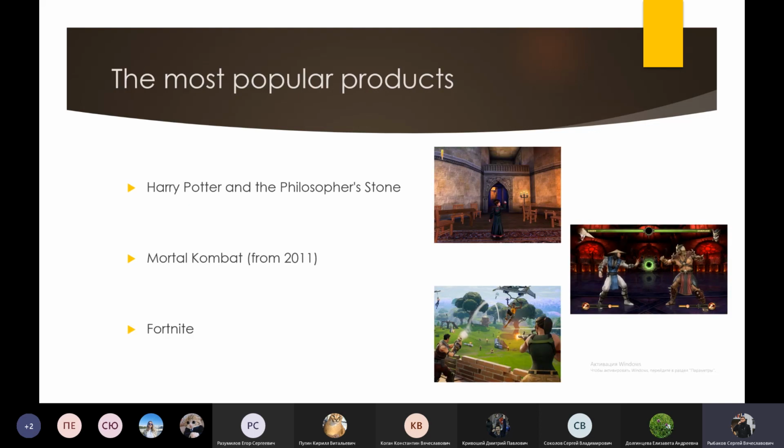And the most popular products, in my opinion, are Harry Potter, but not only the Philosopher's Stone part, all parts of this game were written on Unreal Engine. Also Mortal Kombat, Fortnite, Mass Effect and BioShock series, Tekken 7, and PlayerUnknown's Battlegrounds.